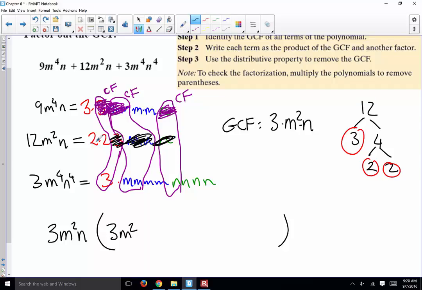What is left on this guy? Positive. Nope. 4. And in the last one, removed 3, removed m, one of the n's gone. What is left here? N cubed. Right?